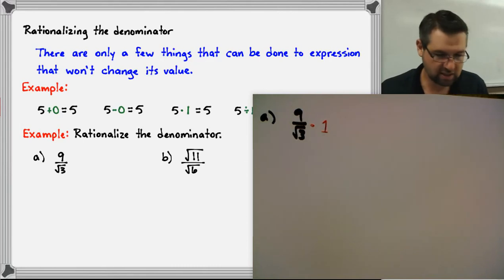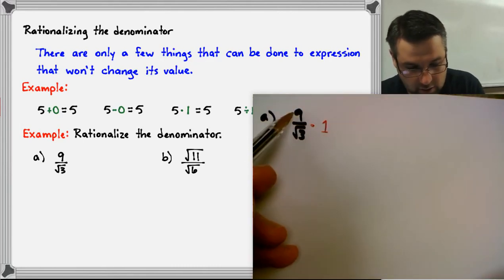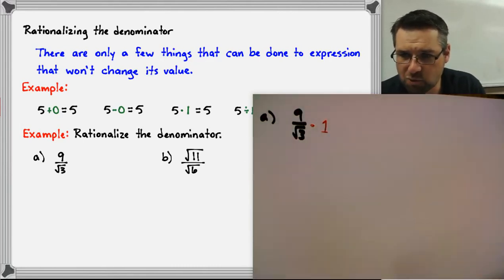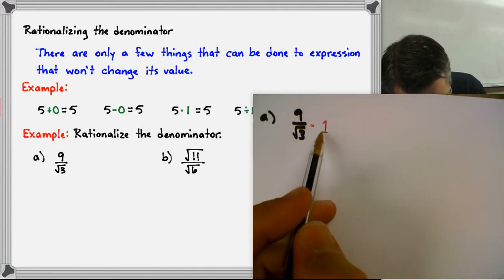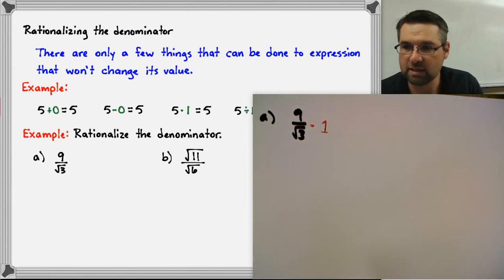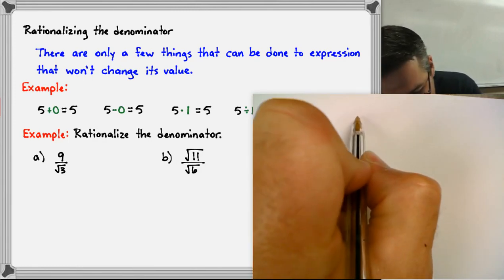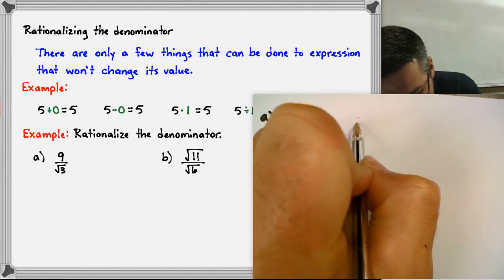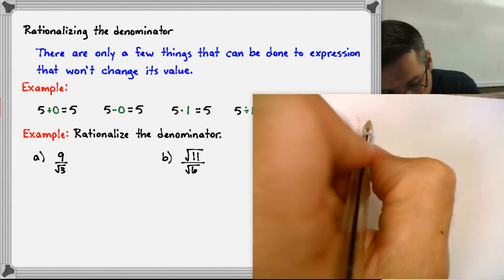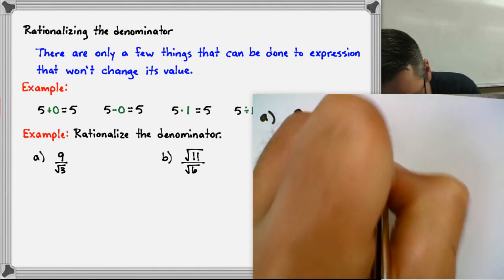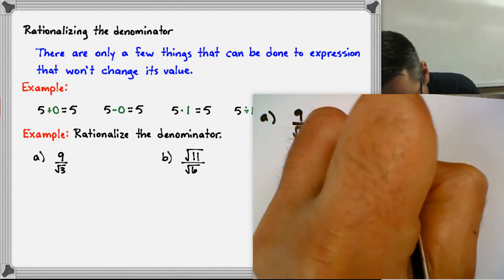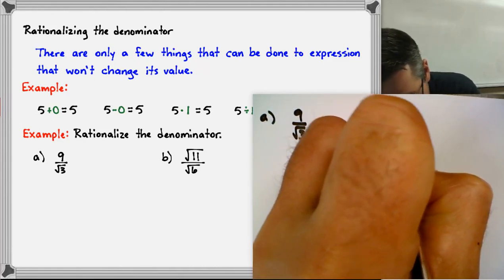Well, you go, that doesn't change anything. If I multiply by 1, it's still going to look like 9 over the square root of 3. How does that change anything? Well, if we write 1 as 1, it doesn't change the look of it. But 1 is the same as 2 over 2, or 7 over 7, or 75 over 75.